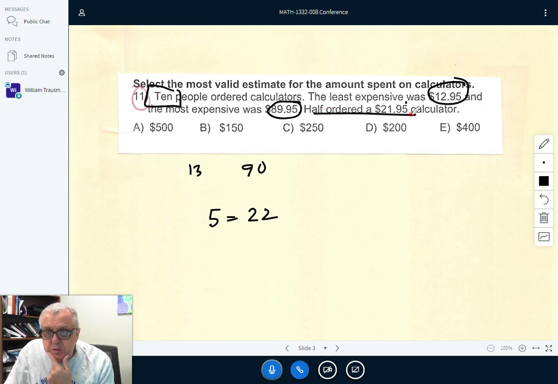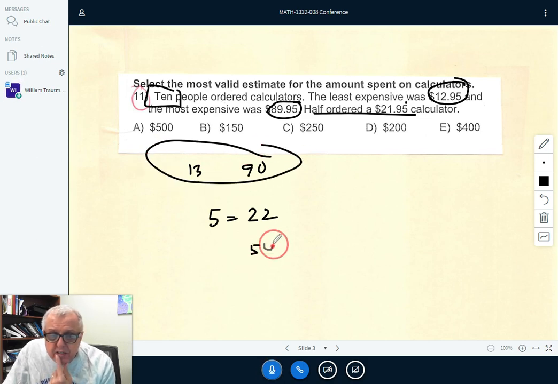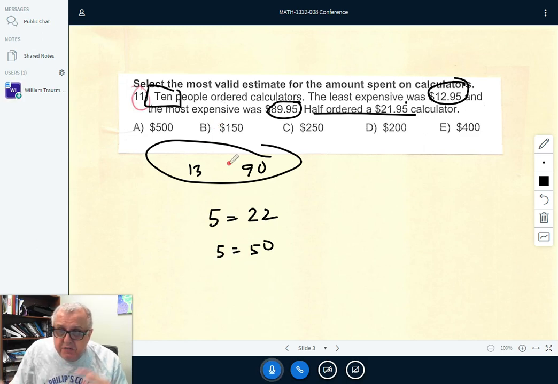Let's find the average of those two, 90 and 13. It's about 100, and we're estimating, so the average is about 50. So if 5 people ordered for 22, I'm going to say the other 5 might have ordered for about 50, the average of that.